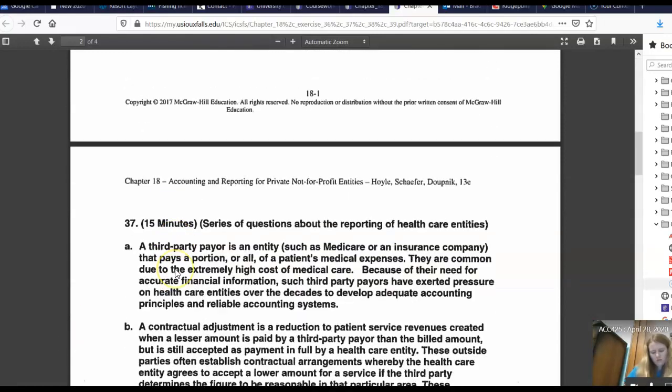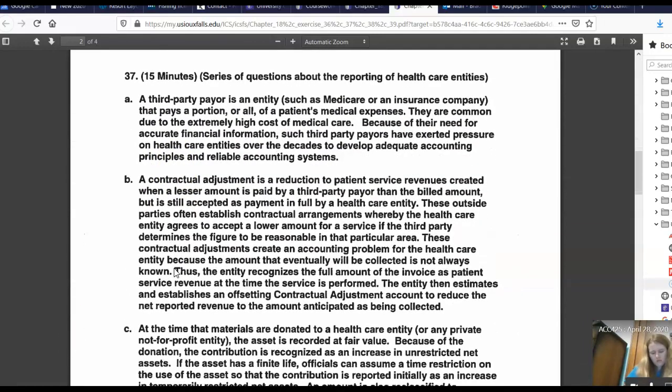Number 37 just asks here, the following questions concern the appropriate accounting for a private not-for-profit healthcare entity. So what is a third-party payer? Well, a third-party payer, as we all know, is an insurance company, Medicare. What is a contractual adjustment? A contractual adjustment is that agreed-to amount that they're willing to pay.